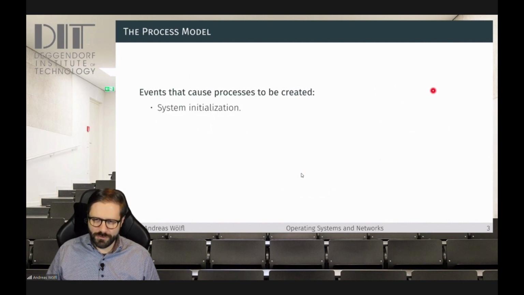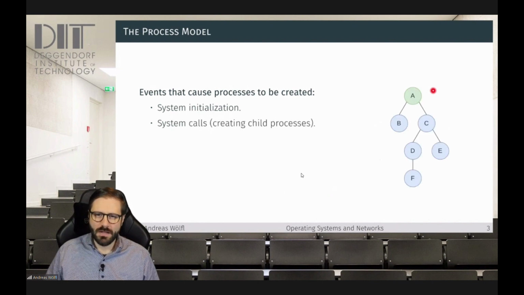Events that can cause processes to be created are system initialization. So if you hit the power button and the system boots up, the first process is created in the system, which is the operating system kernel. Then system calls can create child processes. So one process can create another process. This is possible.